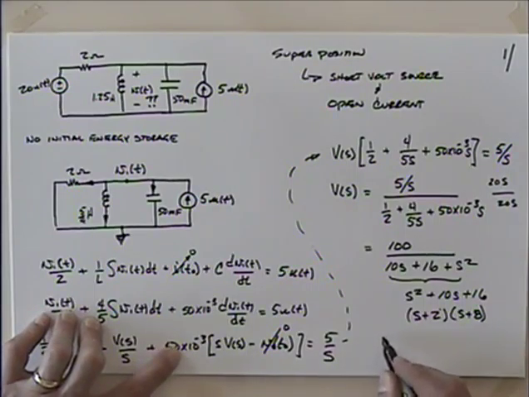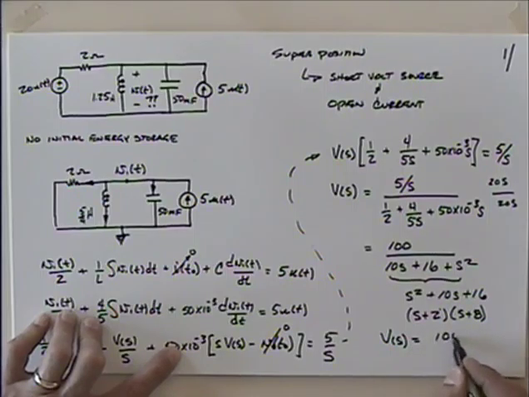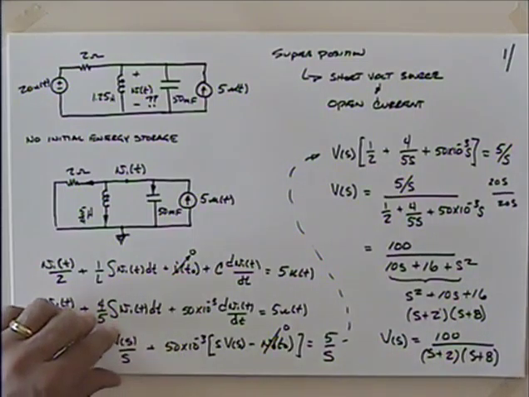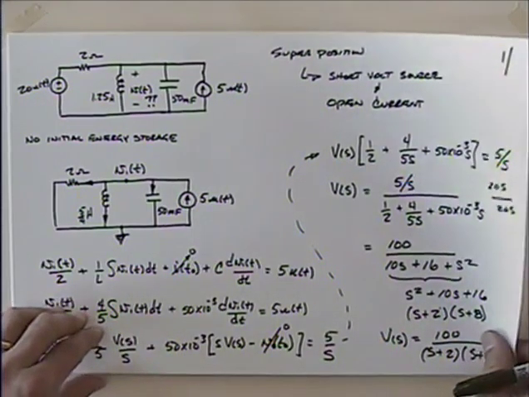So we have then that v in the S domain is equal to 100 divided by S plus 2 times S plus 8. It's just sitting there ready for partial fractions, right? So let's go do that.